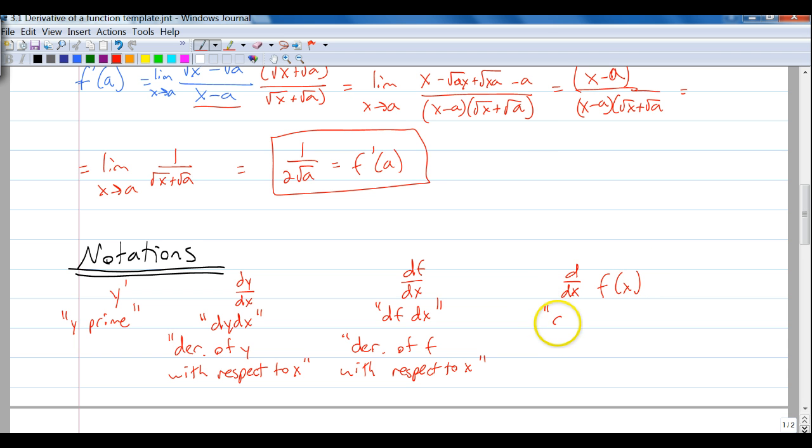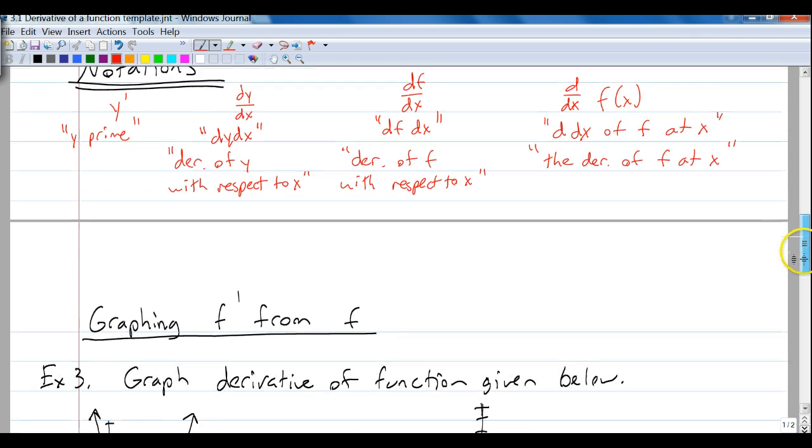We would say that this is d dx of f at x, and again it's the derivative of f at x. Okay. So those are all the notations. Just copy those down. But they all mean the same thing pretty much.